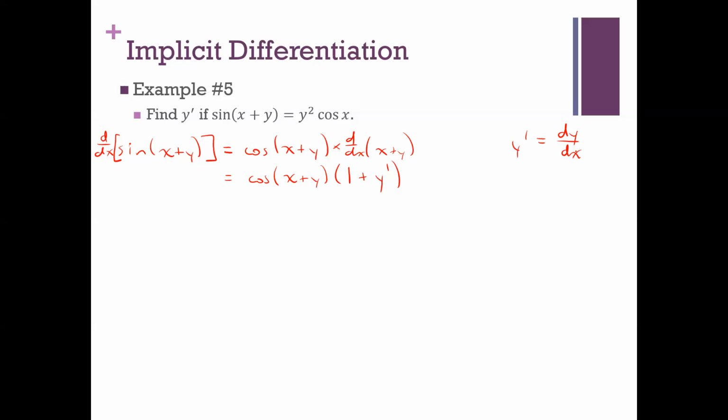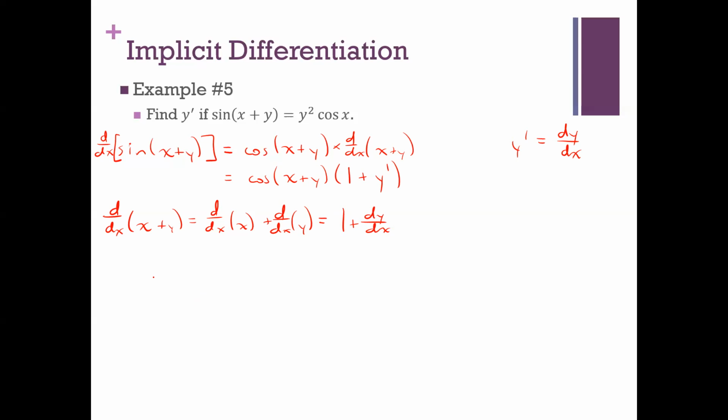But if you look at that derivative of x plus y, because they're added together, I can take the derivative with respect to x of x plus the derivative with respect to x of y. So the derivative of x is just 1. And the derivative of y with respect to x is, by definition, dy dx. In this case, we're calling it y prime, but it's the same idea. Any more questions about the left-hand side?